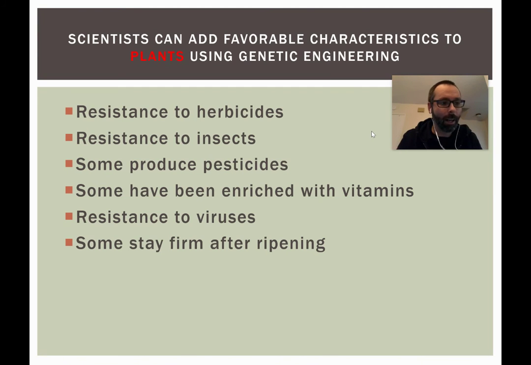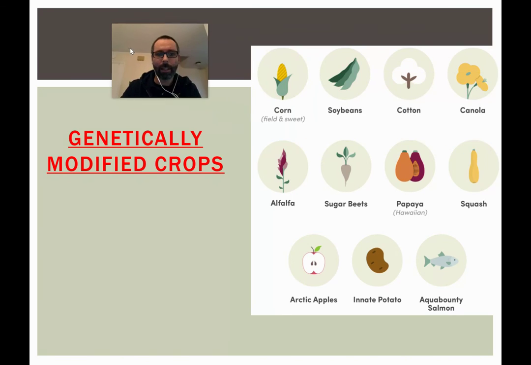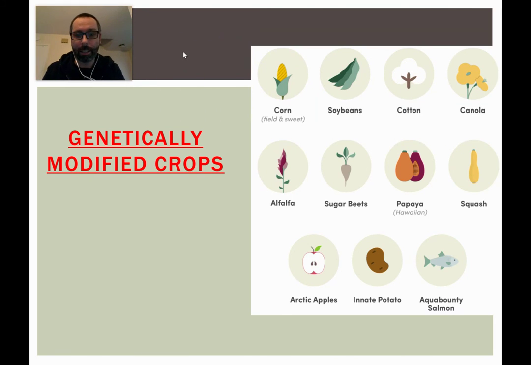There are a whole host of mutations or changes that they've made. The most common ones are for corn and soybeans, mostly to make them resistant to pests. Potatoes that will grow faster and bigger, right? These are a thing.